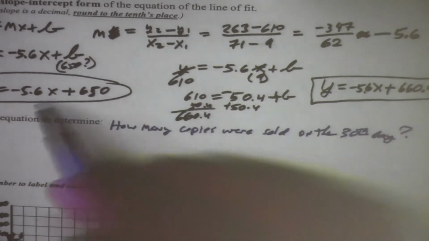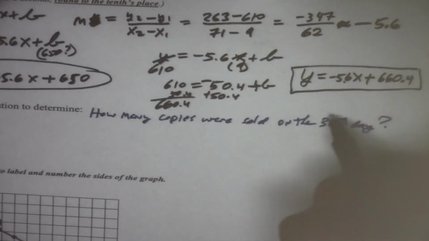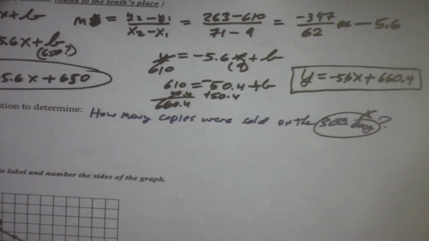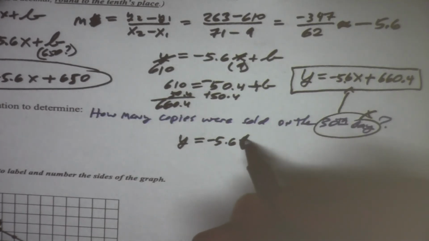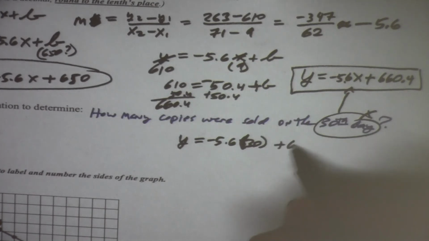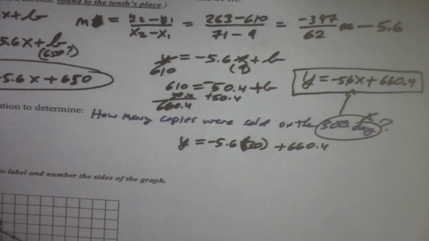Now on this one, we can use either of these equations. I'll use my more precise one, of course. Let's put 30 in because the number of days are the x's. So y is equal to negative 5.6 times 30, plus 660.4. 5.6 times 30 is 168.